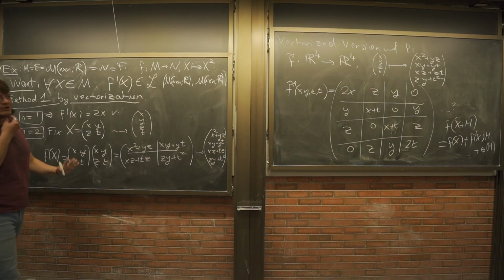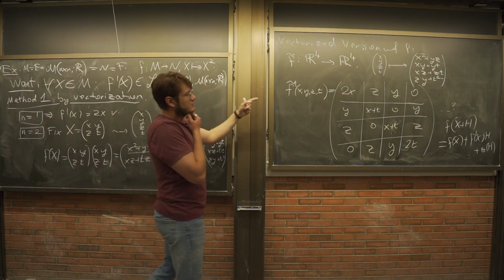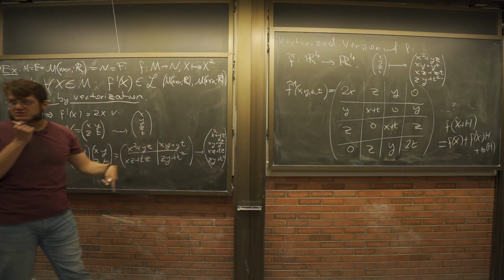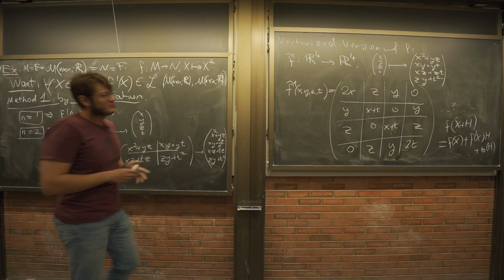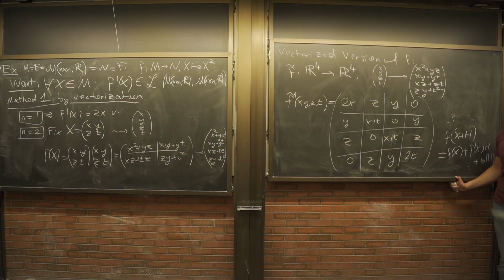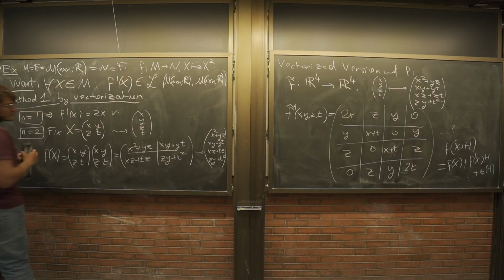If n equals 3, then your spaces are going to have 3 squared dimensions. Okay? So it's going to be a 9 by 9 matrix. So you're going to have to compute 81 partials. Okay? So this is not the way to go. I mean, for some purposes, it is, of course. But part of the reason why we have developed so much machinery is so that we can handle this much more efficiently.